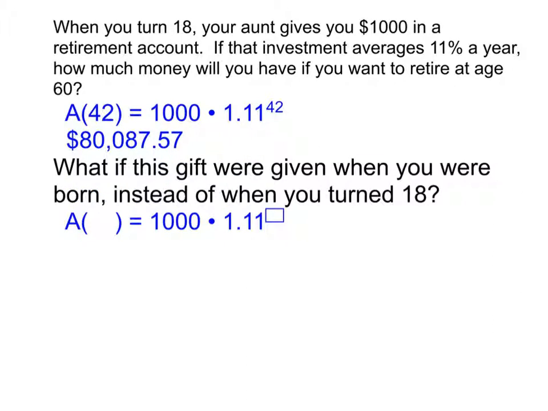Now, everything in this situation is the same except for one factor, and that's time. So we just need to change our value of t, which of course now, since we're going from the time we're born to age 60, that's 60 years. And then we do the order of operations the same way. And we get this as our answer: $524,057.24.